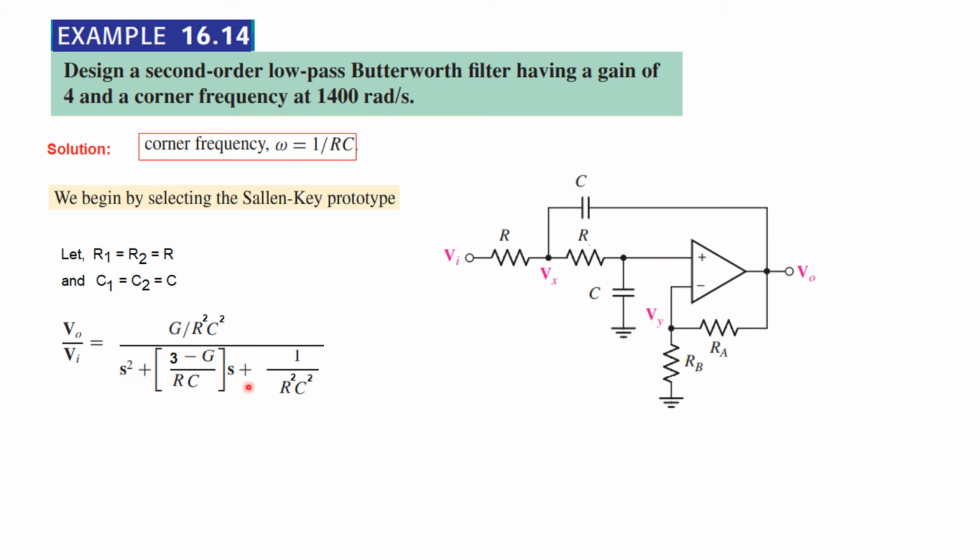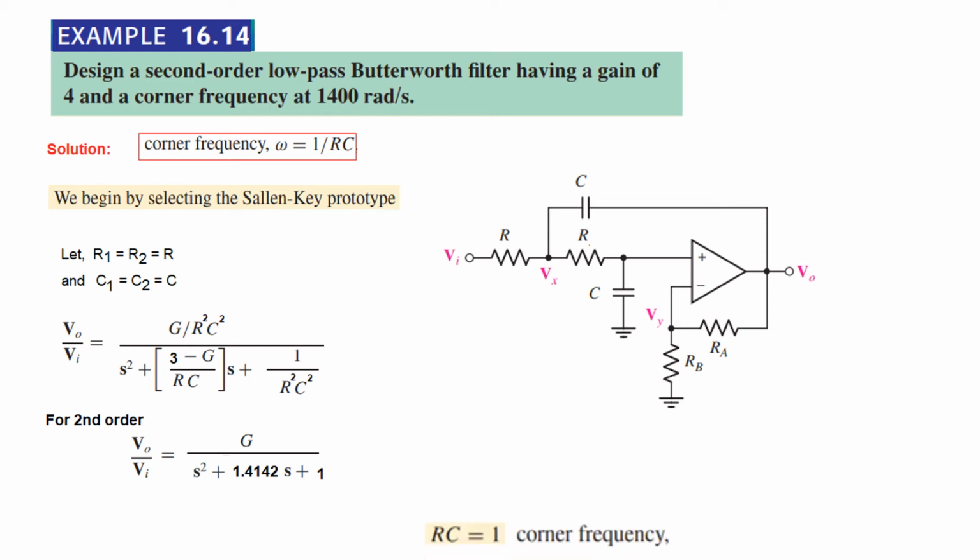The formula that we had gotten, the final formula, was after we had used the table. Now the table was for a corner frequency of 1, it's called normalized to a corner frequency of 1. So this formula is valid for normalized corner frequency of 1.